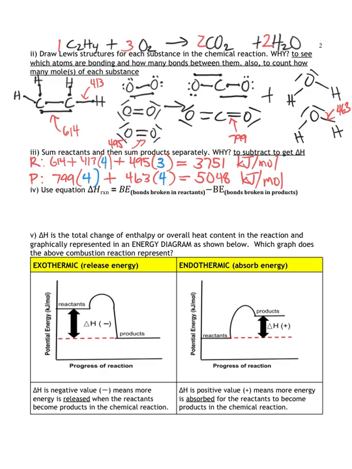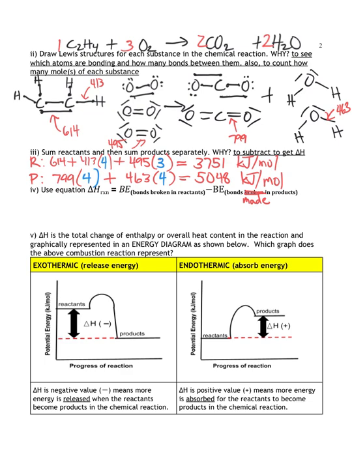Now, to find the enthalpy, the equation is simple. You just take the bond energy broken, which is in the reactants. You had to break all these bonds up to then make these bonds in the products. So that's why you're seeing a releasing of energy when you're making bonds versus breaking them. So the edit here should be bonds made in the products.